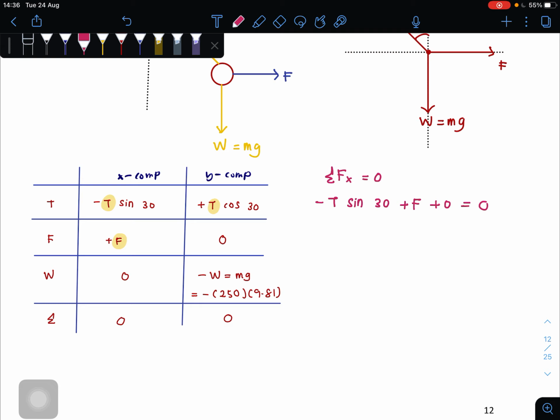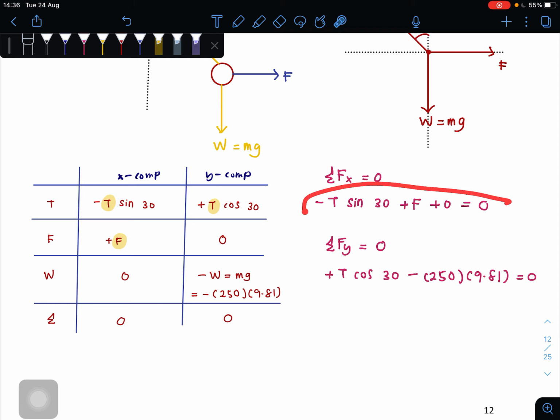And then we have the Y component, plus T cos 30 minus, since here it is minus, we take this one, minus 250 times 9.81 equal to 0. So, we have two equations.